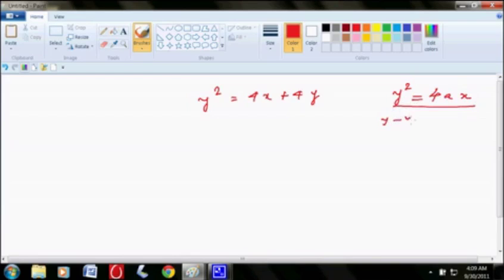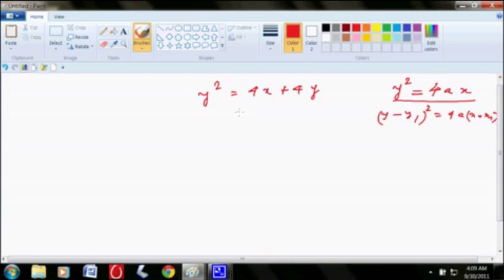This can also become y minus y1 squared is 4a into x minus x1. Now if I take a common of 4 here, I'm getting an extra term like y. So all the y terms take one side, others keep on the other side.